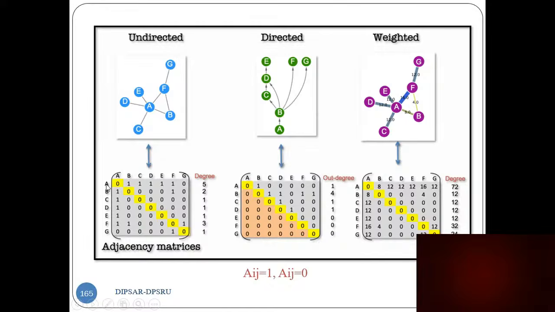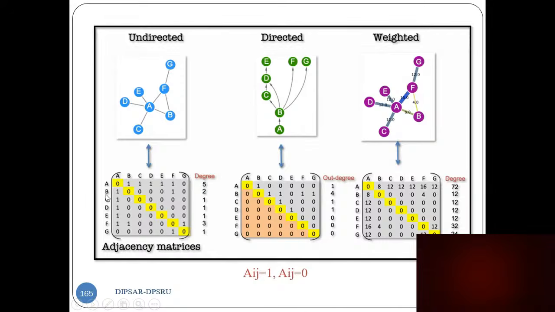So you can see that in front of B I have put 1. Then, is A connected to the C node? A to C, yes, 1. A to D, yes, 1. A to E, yes, 1. A to F, 1. A to G, 0, because A is not connected to G.